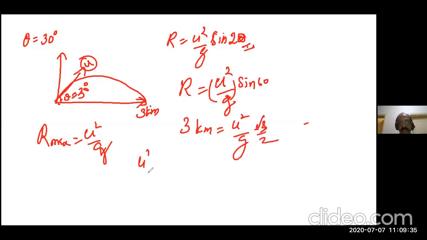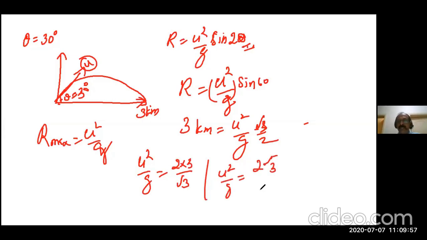Now U squared by G is equal to 2 into 3, 6 divided by root 3, which is 2 root 3. How much is 2 root 3? 2 into 1.732 is 3.46 kilometers.